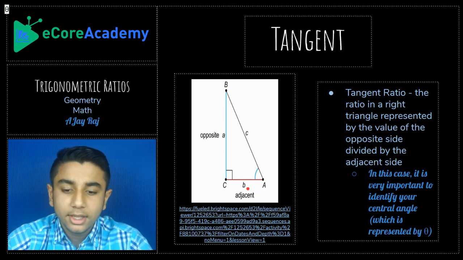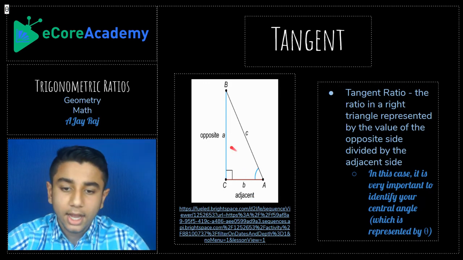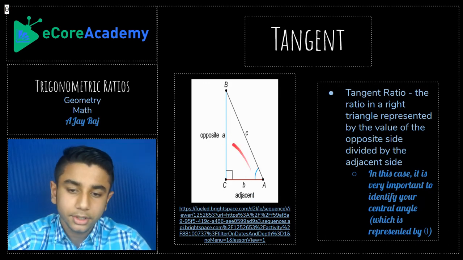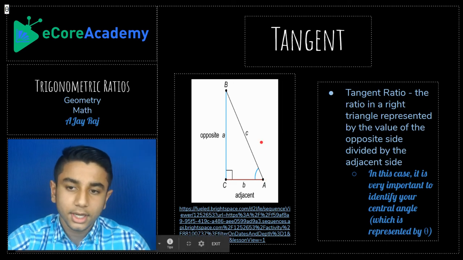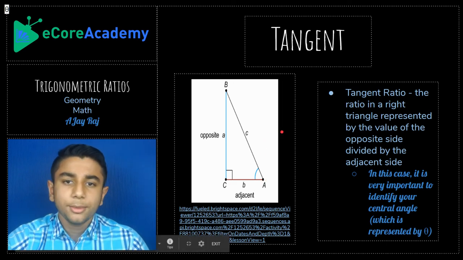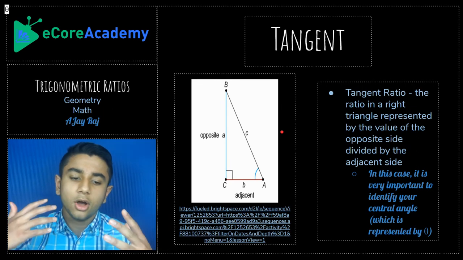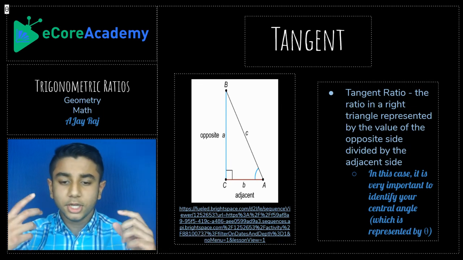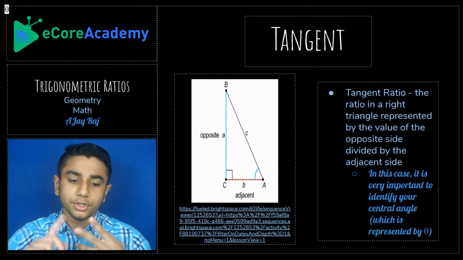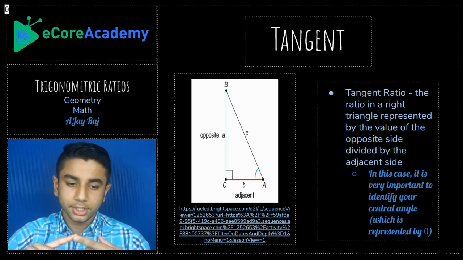So side B is the adjacent side, and the opposite side is side A because it's directly across, and it's going to be the opposite side over the adjacent side. This one's often confused a lot, because adjacent and opposite sides can often be confused between each other because they're always so relative. So just make sure you remember it's opposite over adjacent, and remember that opposite's always on the top.